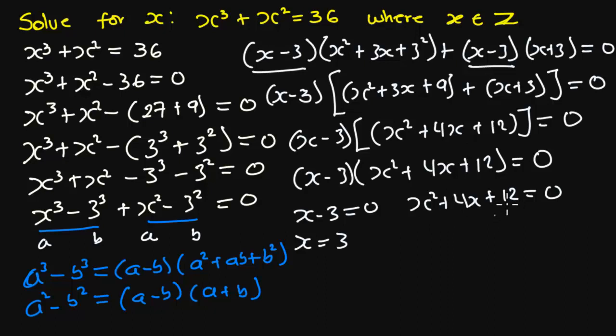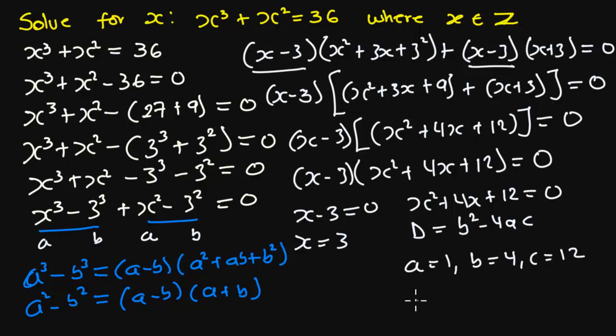Now with the second equation, we are going to use the discriminant method to see if this equation will have a real solution. So the discriminant method is given by d is equal to b squared minus 4ac. And when we compare this with the general quadratic equation, a is equal to 1, and then b is equal to 4, and c is equal to 12.